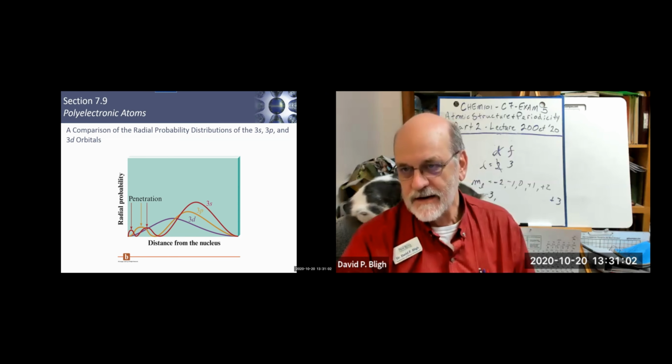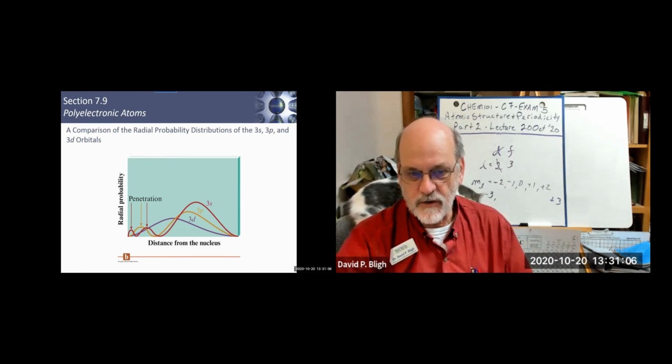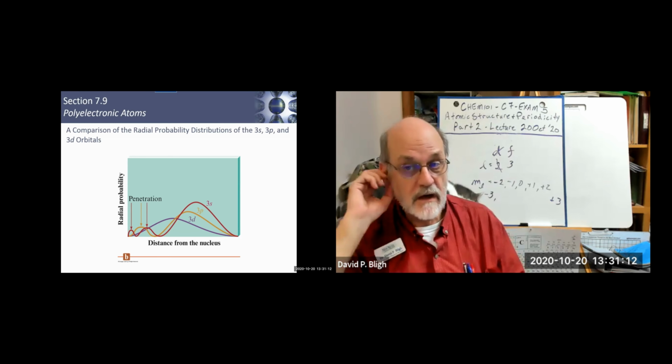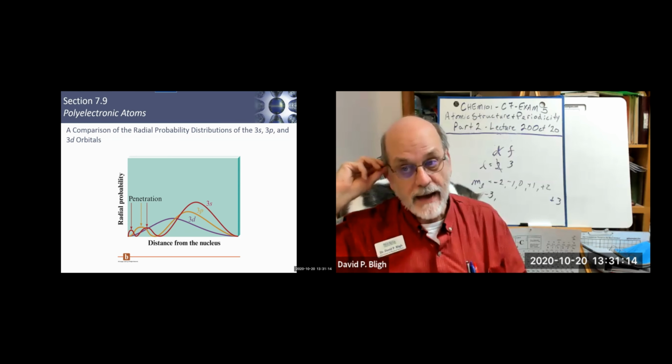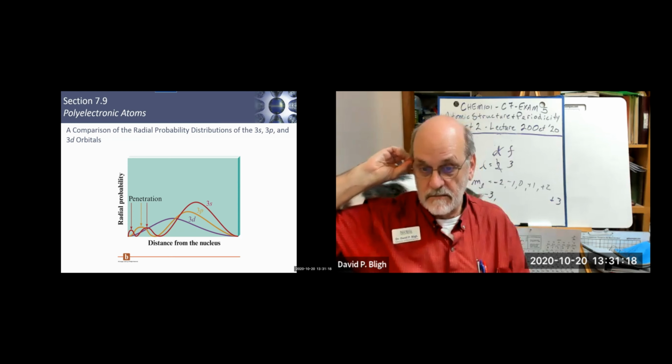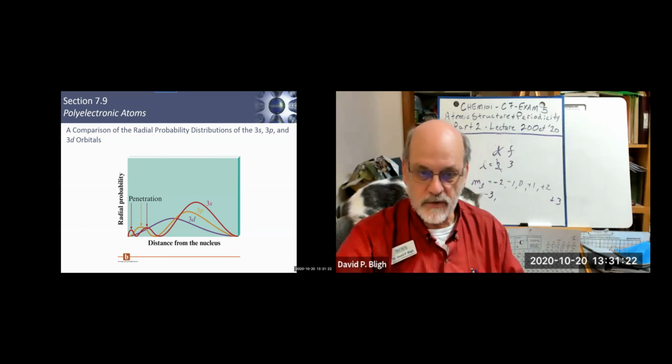Before you even had calculators, you had slide rules, and the solution of the problem for many atoms was impossible. You had to just work with the lower Z number atoms, like hydrogen, helium, lithium, and it becomes extremely difficult without supercomputers.